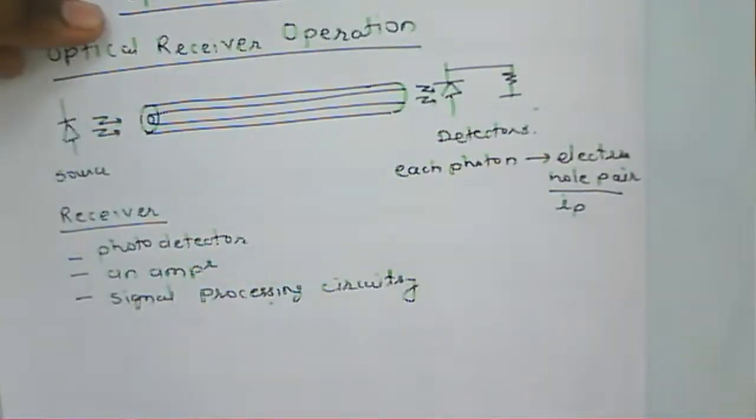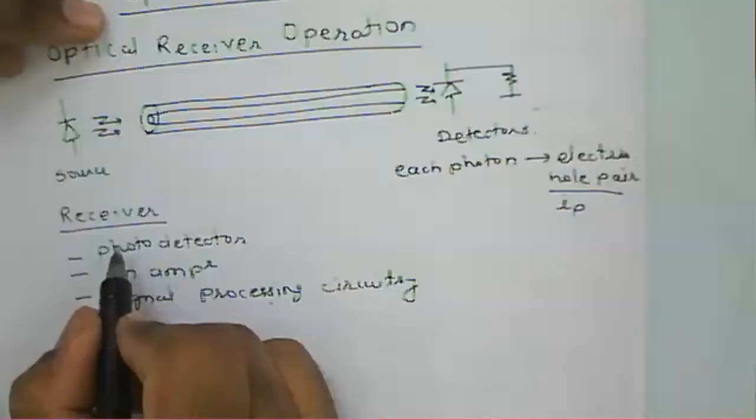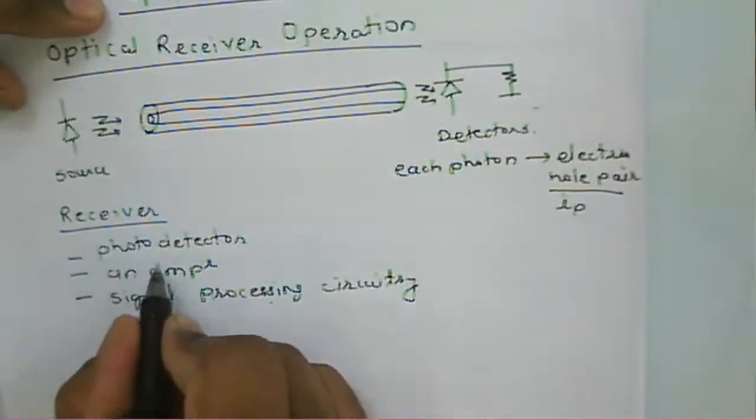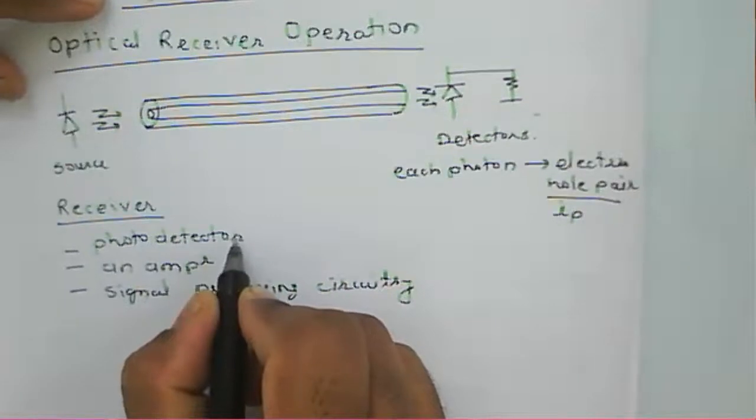That is the optical receiver operation. If you see here, we have a choice of a detector.